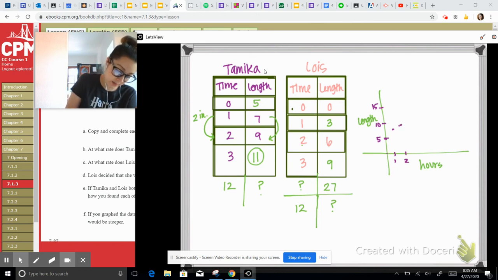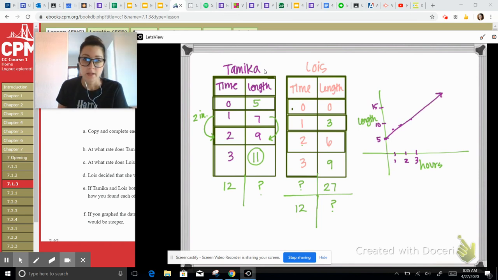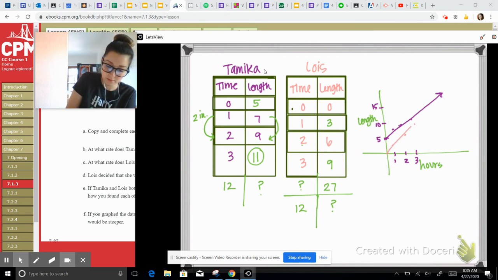So her line, 3, 11. So her line is kind of going like this. Okay. And then Lois, hers is 1, 3, 2, 6. And do you see how I'm kind of using these as coordinate points? And then 3, 9. So hers is kind of going like this.